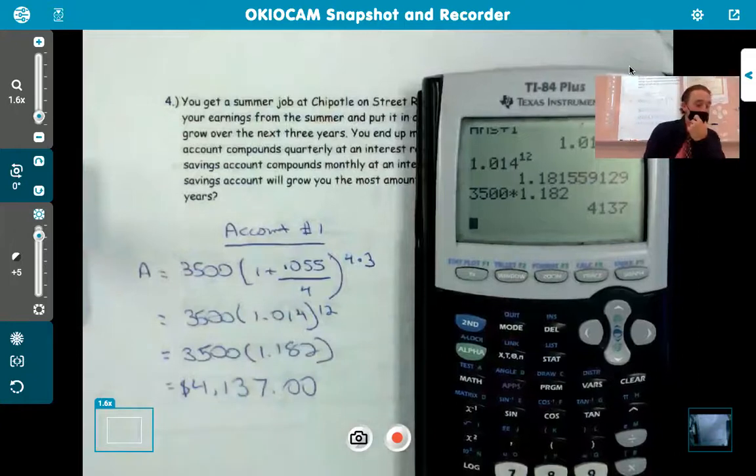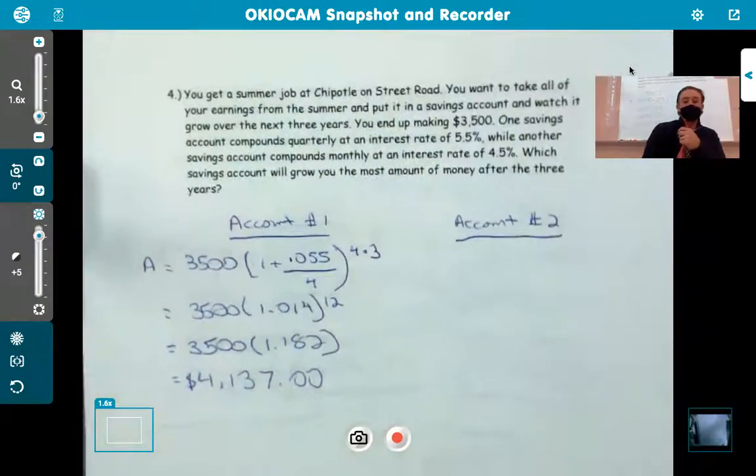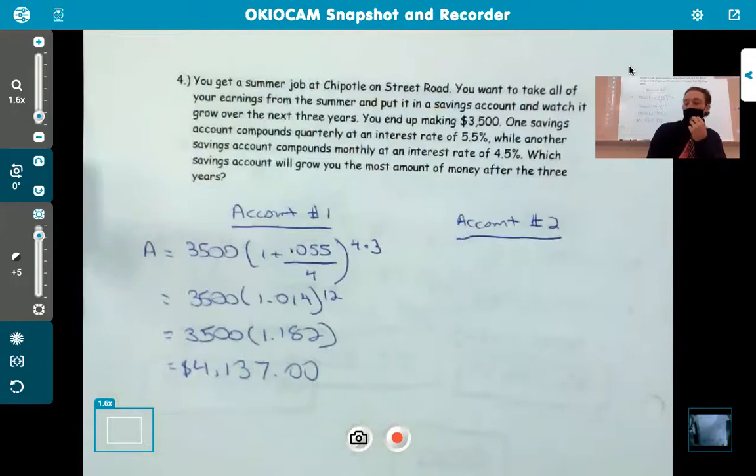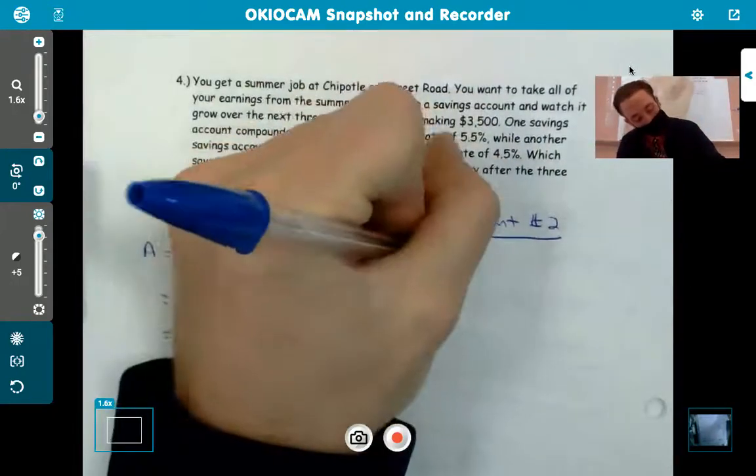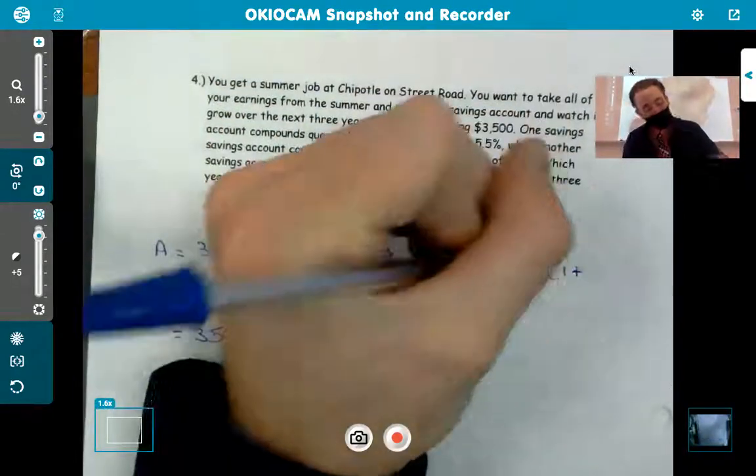That's not too bad, right? $600 or $700 just for sitting in an account for 3 years. Pretty decent gig. But that's just account number 1. Let's see if account number 2 gives us more money. So account number 2, I have $3,500 times 1 plus.